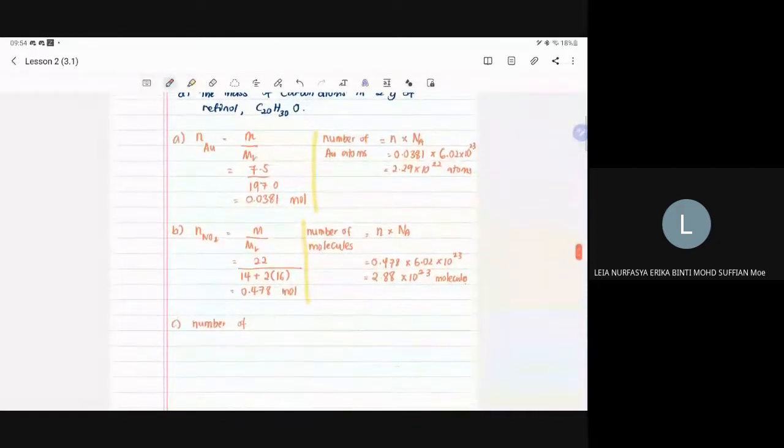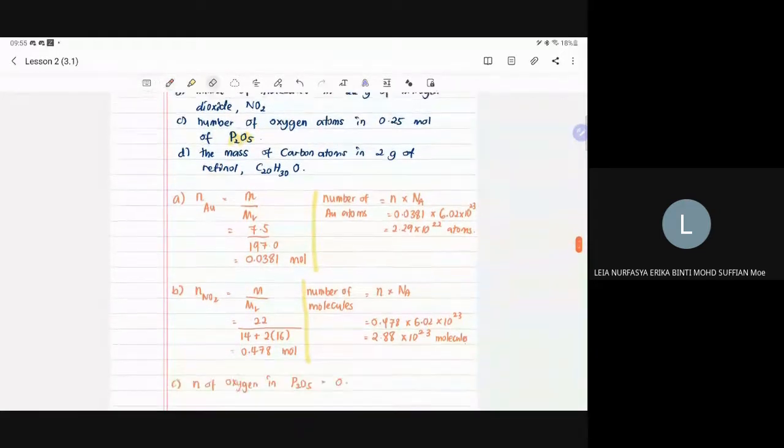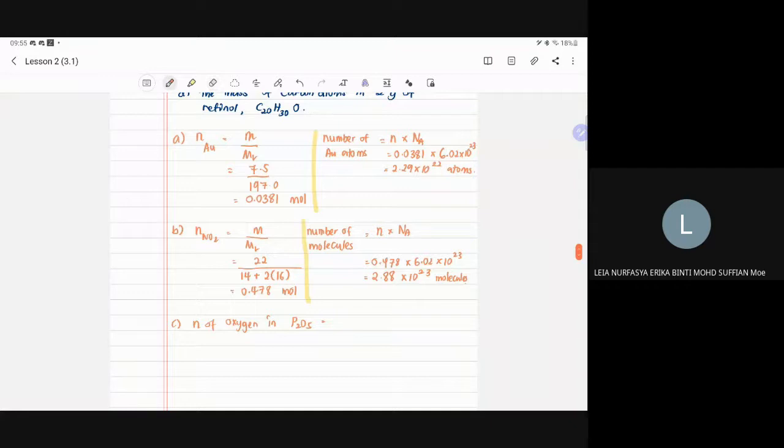Jadi, kita boleh cari number of mole of oxygen dulu. Number of mole of oxygen in P2O5 is equals to number of mole of P2O5 darab 5.